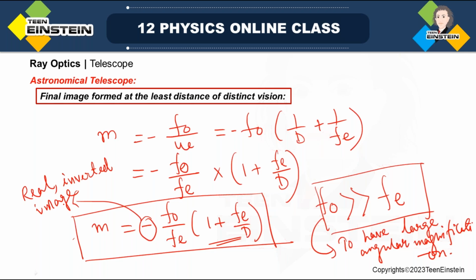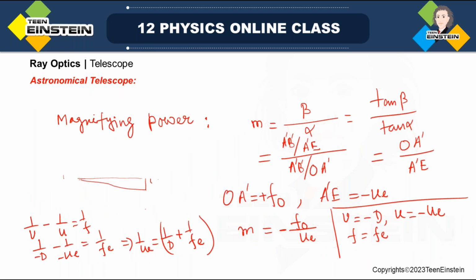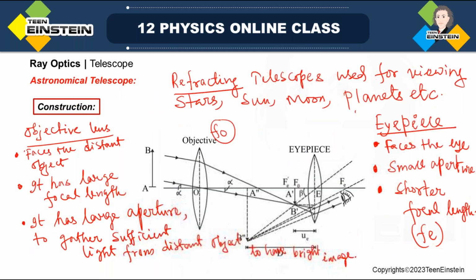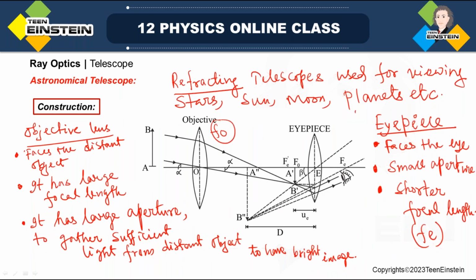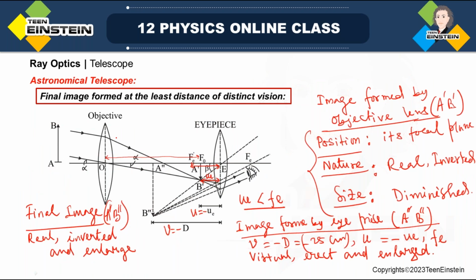Okay. So I'll just recap what we have done here. We are discussing the use of an astronomical telescope in the setting when the final image is formed at the least distance of distant vision.